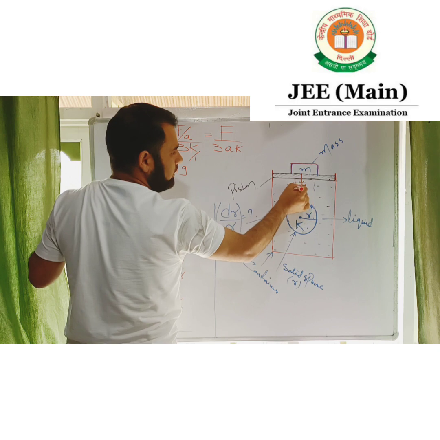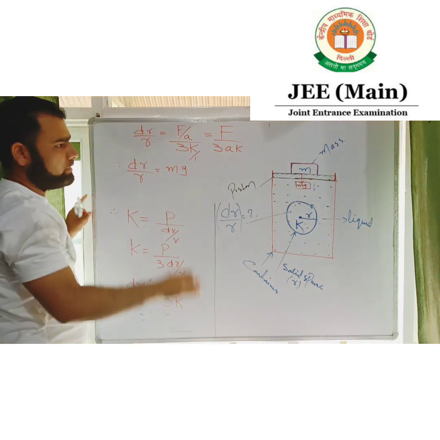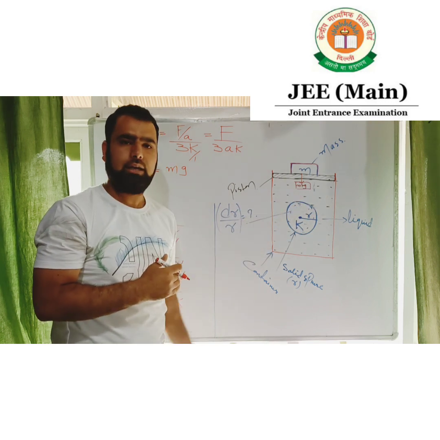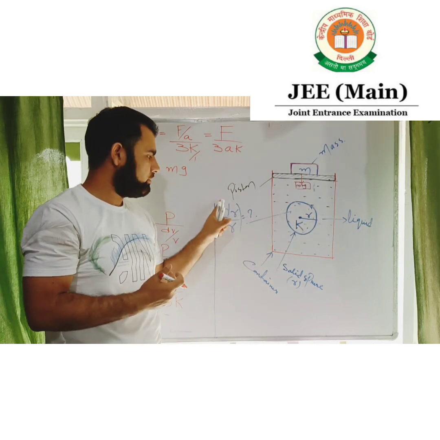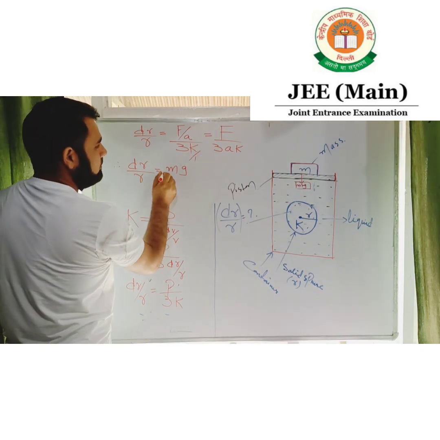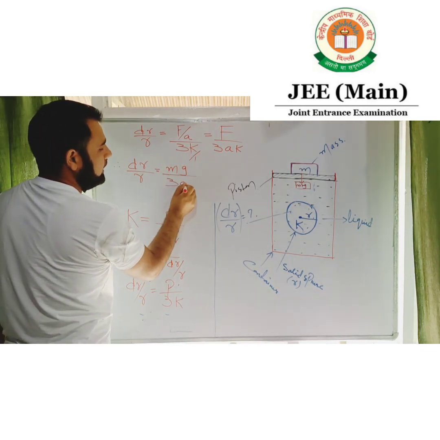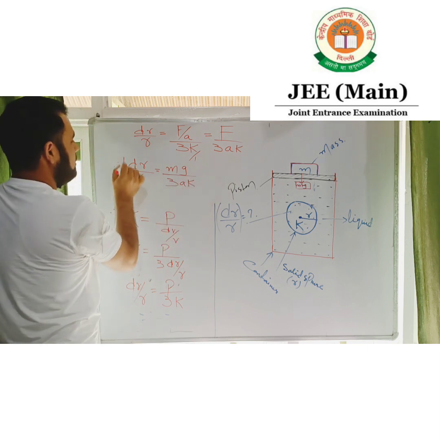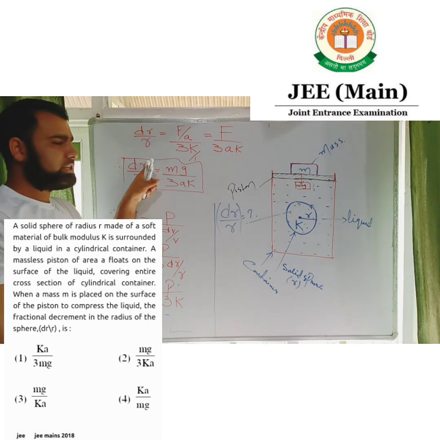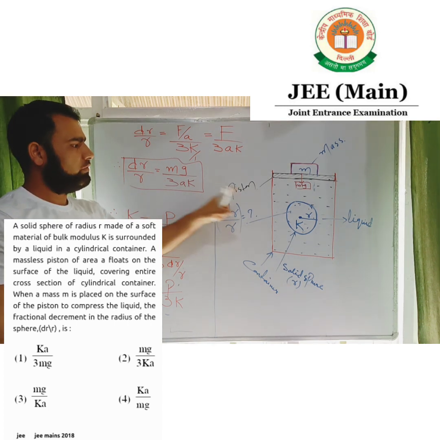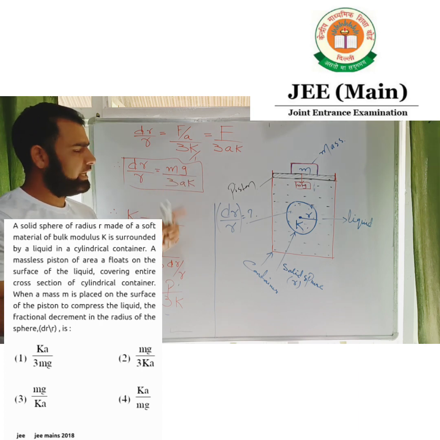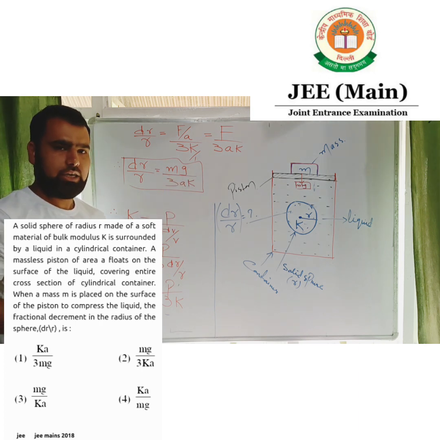This weight is a force with which the piston moves downwards, and there is an increase in the pressure on the liquid, as a result of which there is a decrease in the radius of the solid sphere. So dr by r is equal to mg divided by 3AK. This is your correct answer. The fractional decrease in the radius of the solid sphere is mg divided by 3AK. This is the question which was asked in the JEE Mains exam.